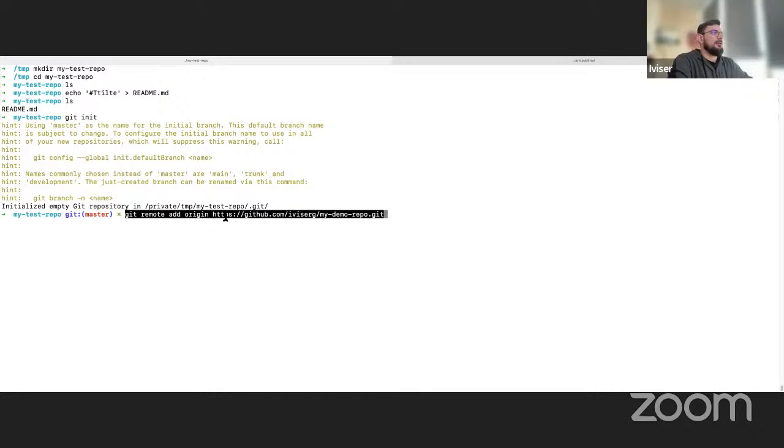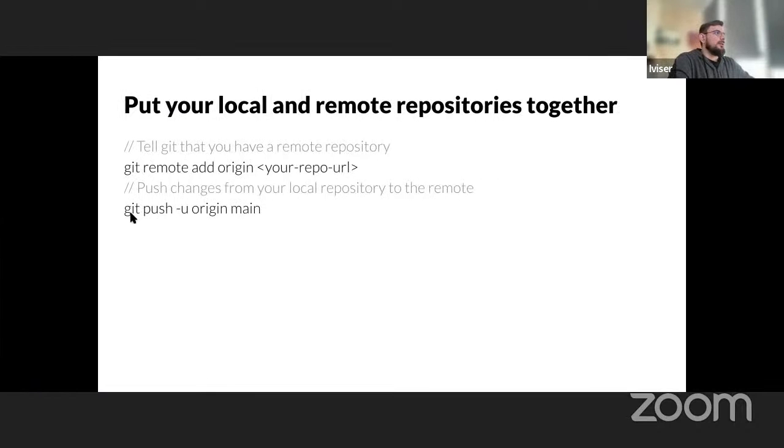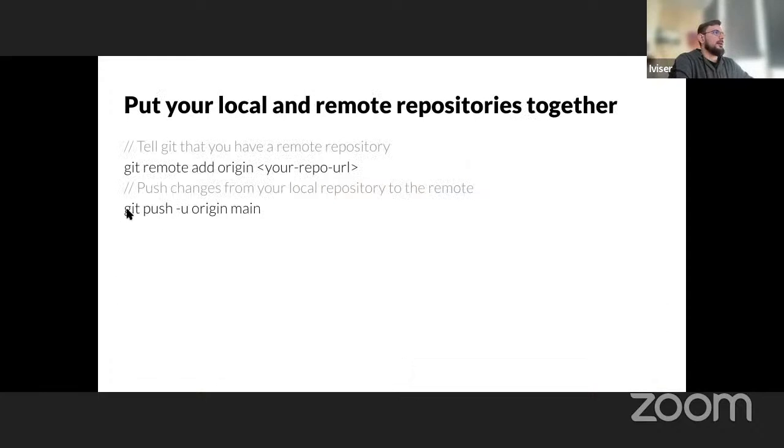And this is the URL of the remote repository that you've just created. Good. Now we configured our local Git repository, and now it knows about the remote repository. We can also rename our master branch to main, which is preferable, but let's keep it as it is for now.